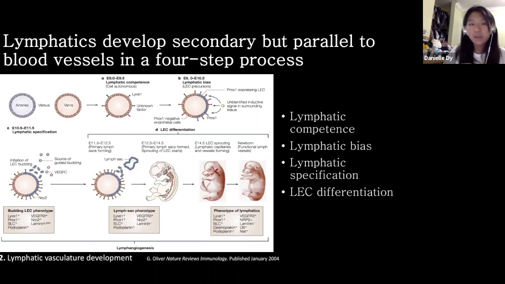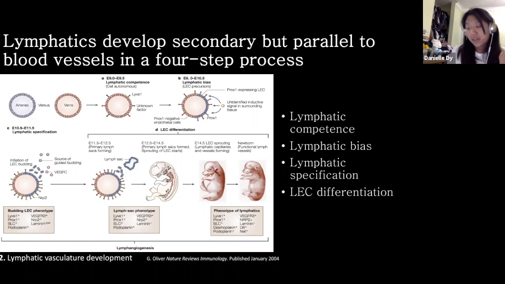So when we talk about the context of going from blood vessel to lymphatic vessel in embryonic development, we have blood vessels that originate from these mesodermally derived endothelial cell precursors. So vessels will then grow and remodel and sprout and split, and this forms the blood vessels through angiogenesis.